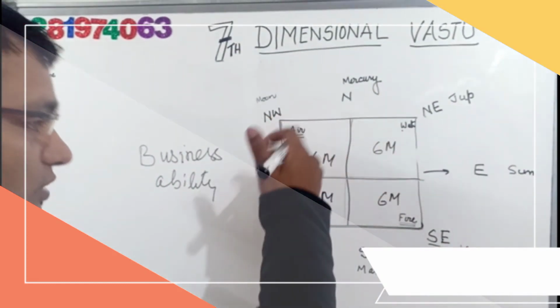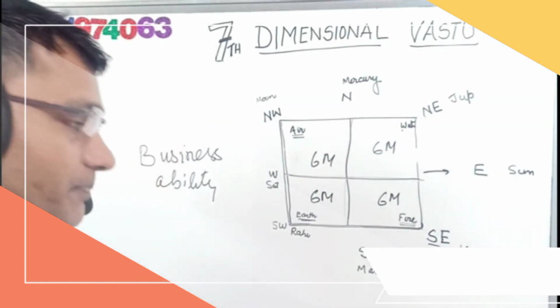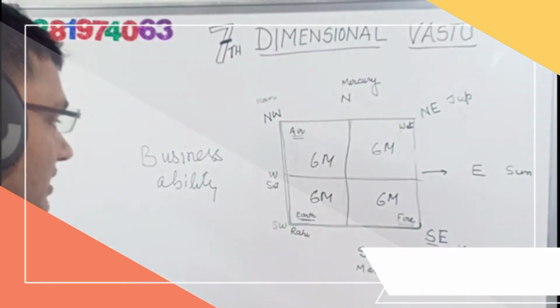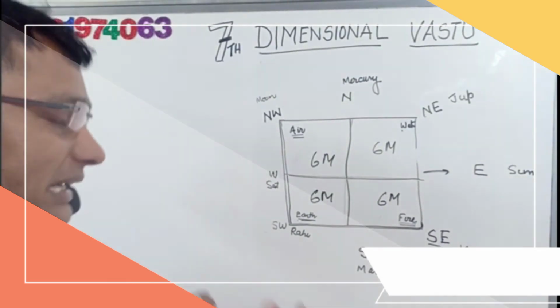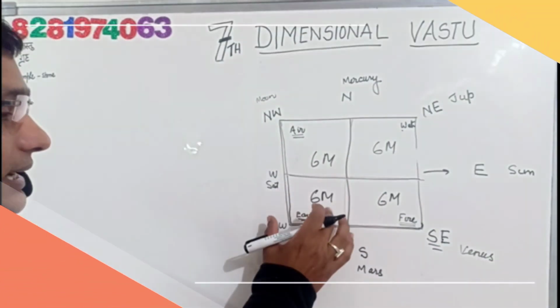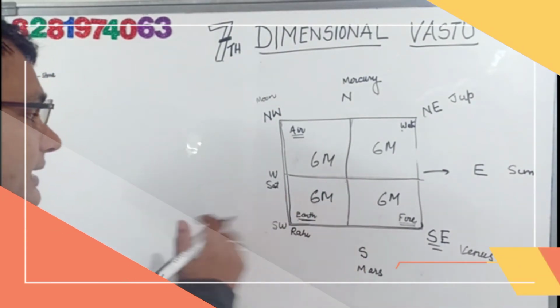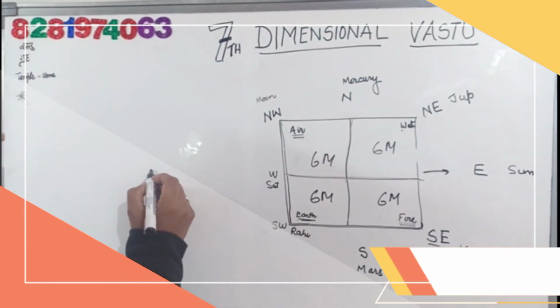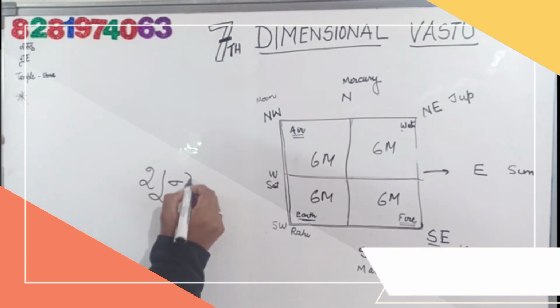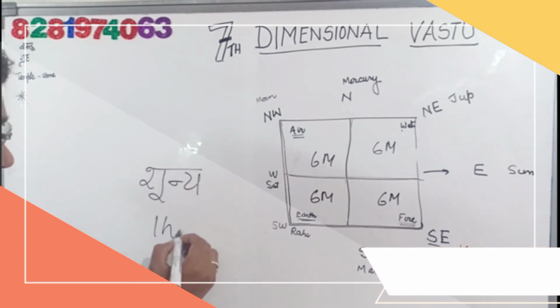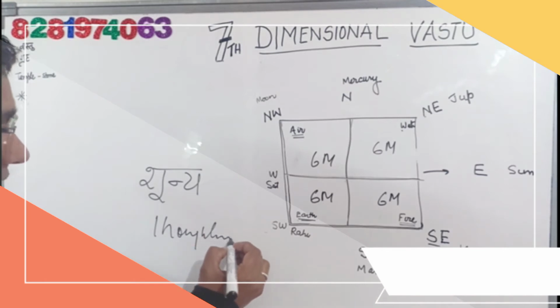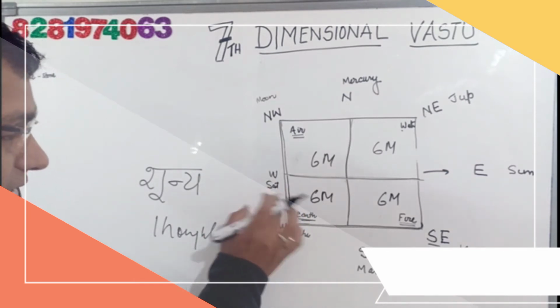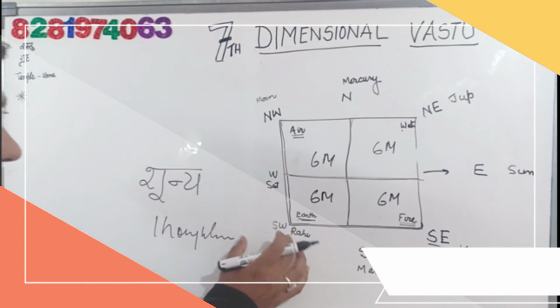Or if you talk about activities, this corner is good for the kitchen, because in the kitchen there is a fire element that will absorb this energy, and there will not be any problem. Now coming to here, the earth element is like shunya, thoughtlessness. It is a Saturn-oriented corner, particularly Saturn and Rahu.